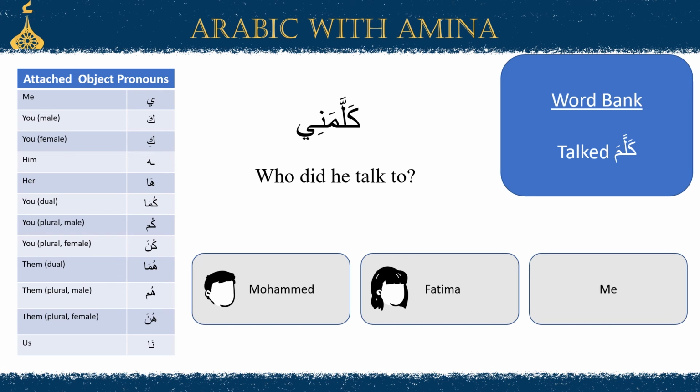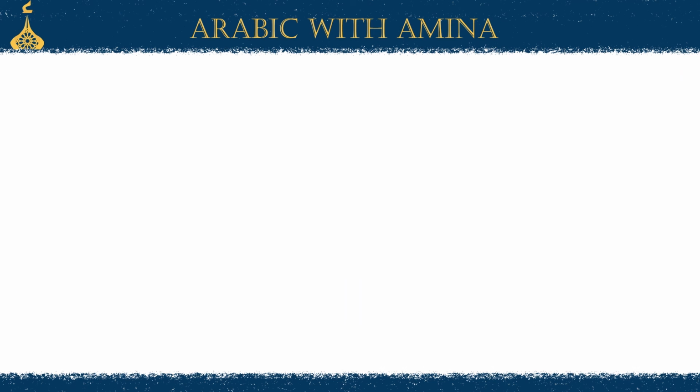Here is the letter ya, which is at the end of the verb. And if we go to our table, we can see that the ya means me. Again, we put the letter noon because there has to be a letter noon between the verb and the pronoun me. So who did he talk to? He talked to me.